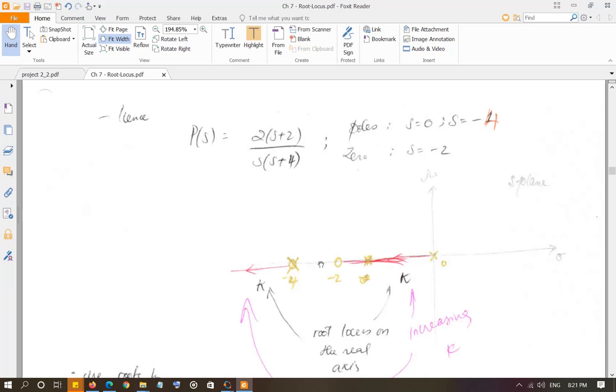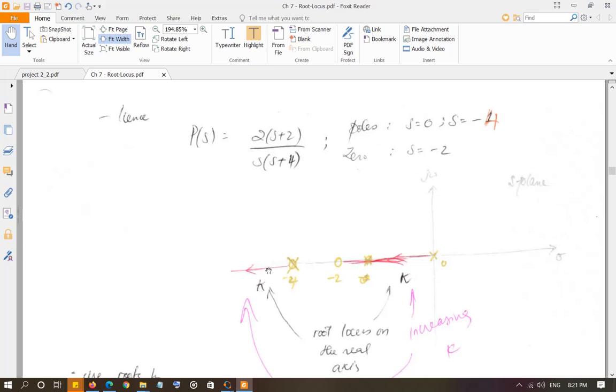If I go in this section of real axis towards my right, I have one zero and one pole, that is an even number, 2. That means this section is not part of the root locus. Let's go towards the left of the third root, negative 4, and look towards your right. You have one pole, one zero and one pole, that is 3 zeros plus poles towards your right.